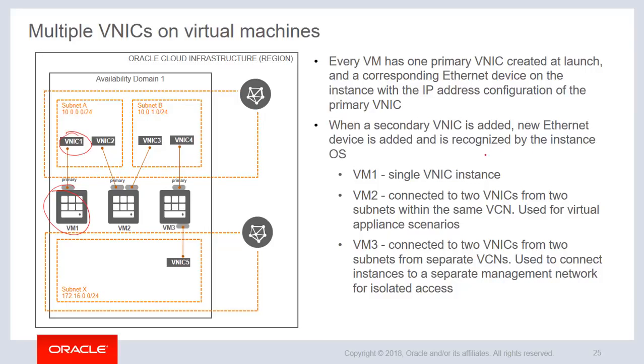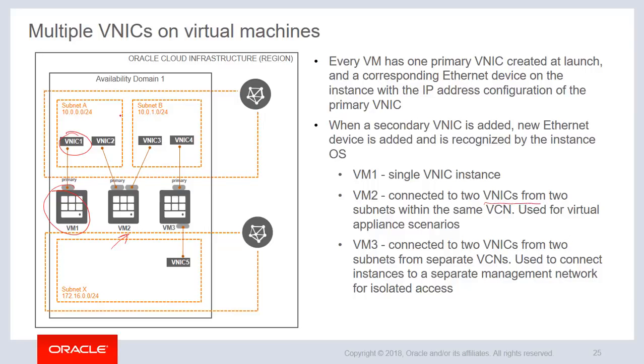So we have several examples here. The first example is very simple. You have a server instance and it has a primary VNIC here. This has a single network interface card. In the case of the second virtual machine, VM2, it has two virtual network interface cards, and these two are in different subnets.